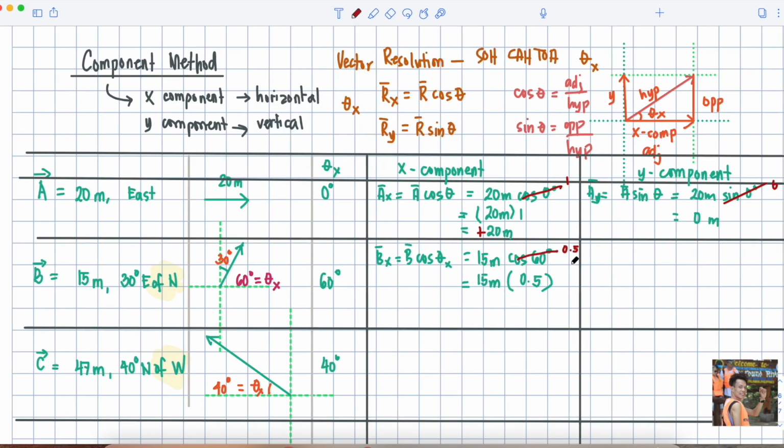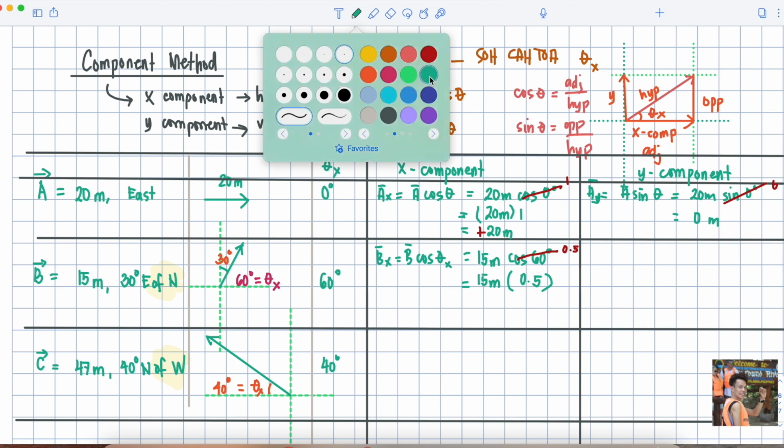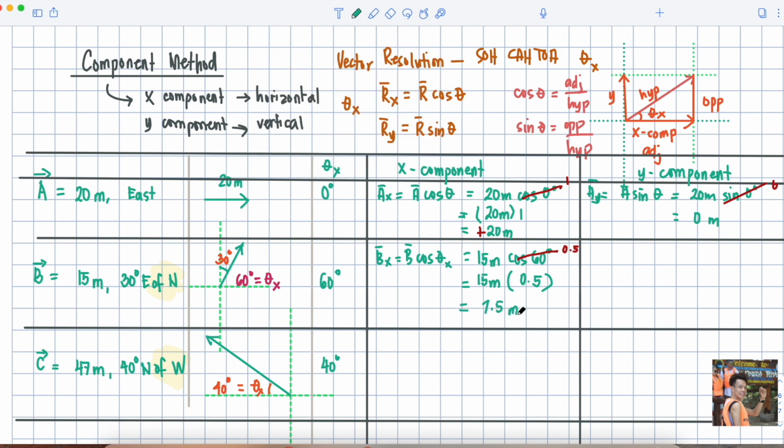Multiply 0.5 times 15 and you will get 7.5 meters. Take note again that the vector is found along quadrant 1 of the Cartesian plane, wherein in quadrant 1, the x component is positive.